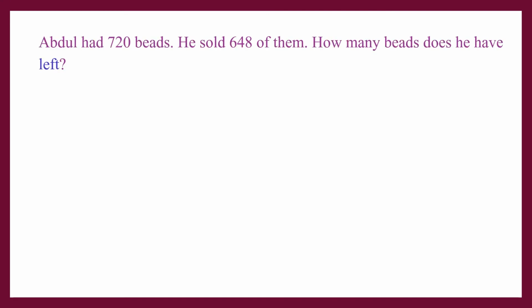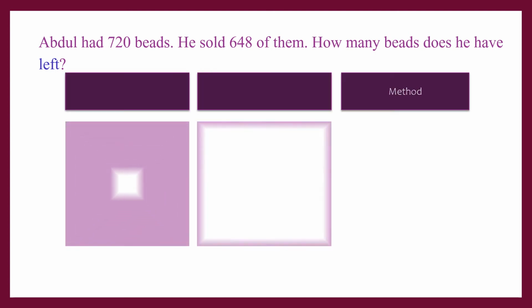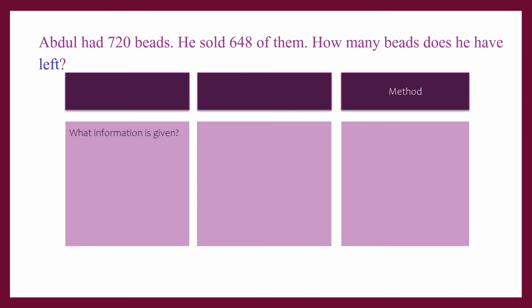One more example we will solve. Abdul had 720 beads. He sold 648 of them. How many beads does he have left? So we will draw three columns. What information is given, what is asked, and what method should be used, we will write in the first column.